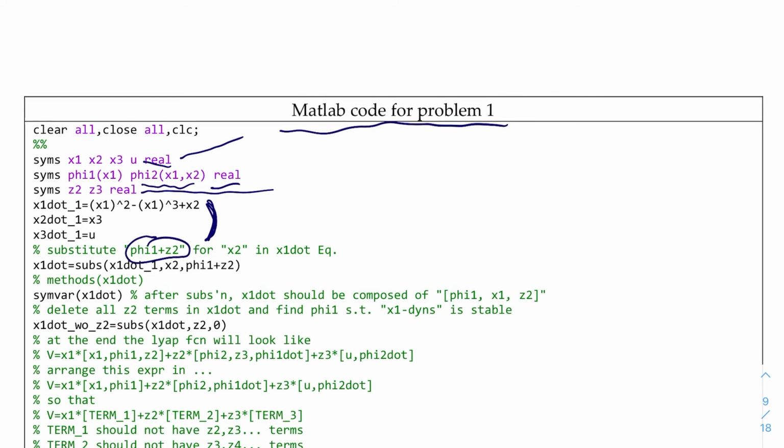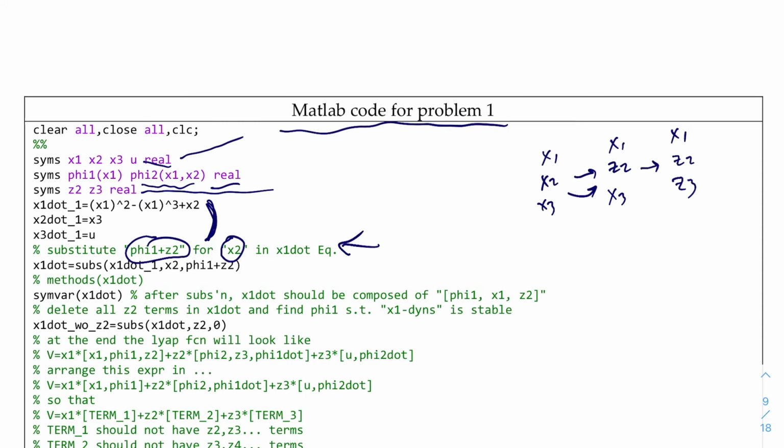So substitute that for x2. Because you have x1, x2, x3, and then you will have x1, z2, x3, and then x1, z2, z3. The first transformation is this, and you need to find z2 dot.